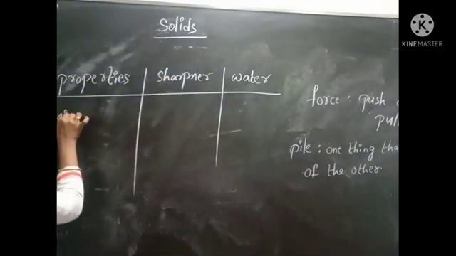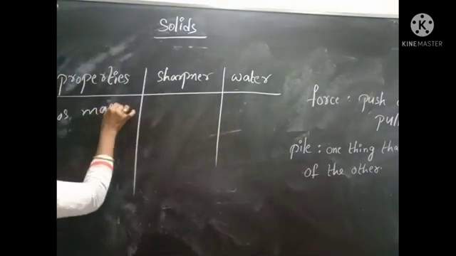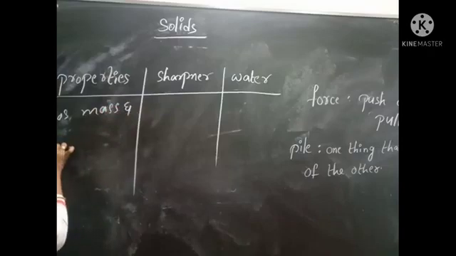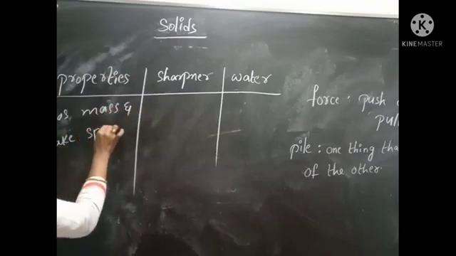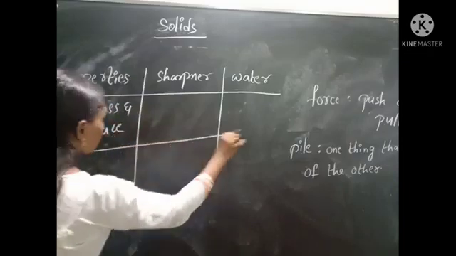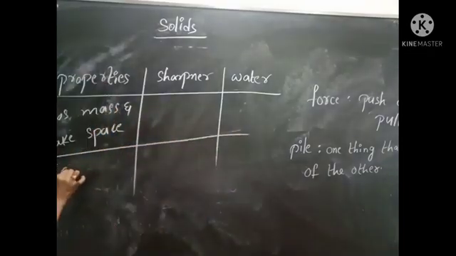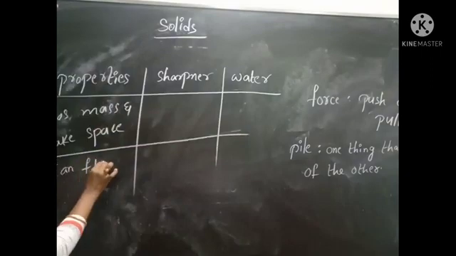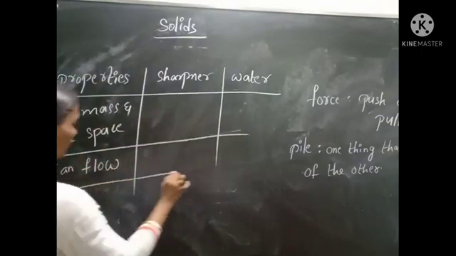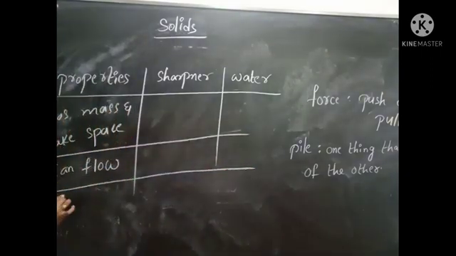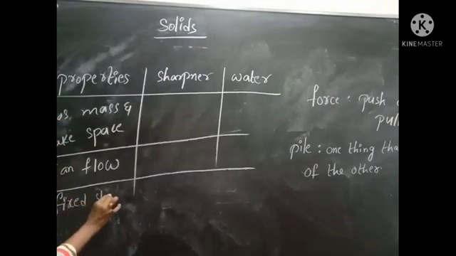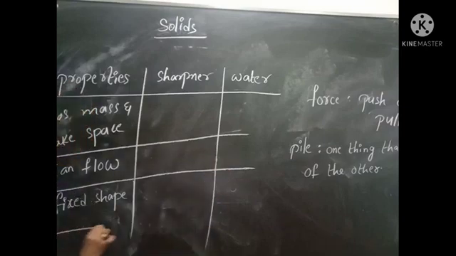Has mass and takes some space. One more property is can flow, and fixed shape. And pile.